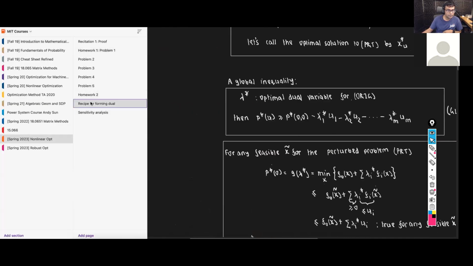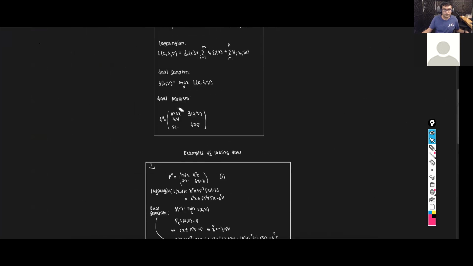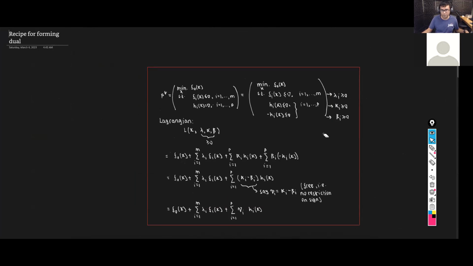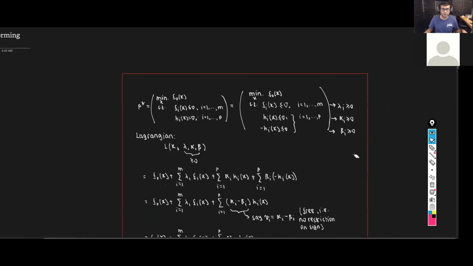One thing that I am just going to cover, and it's very trivial actually, but I think it needs to be mentioned: in the lecture so far, in our analysis, we only considered inequality constraints, right? In this case, you see I have inequality but also equality constraints.